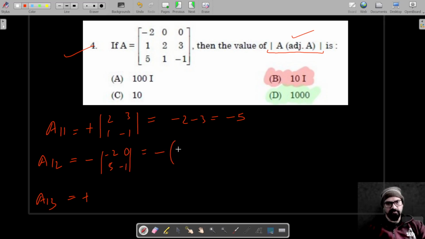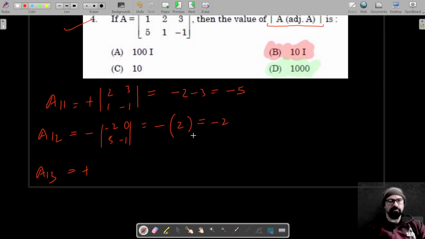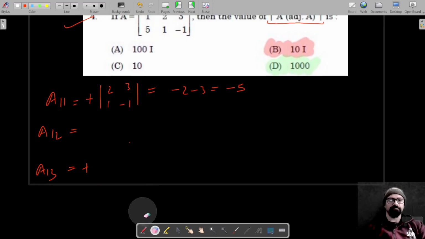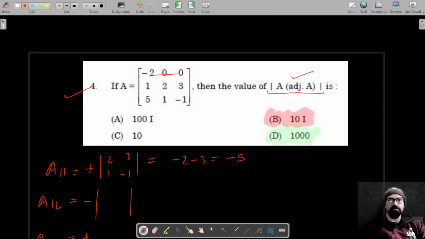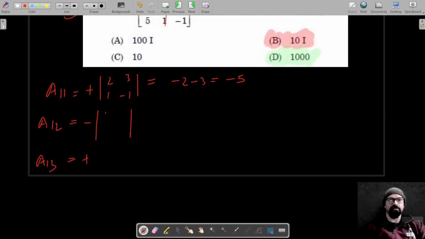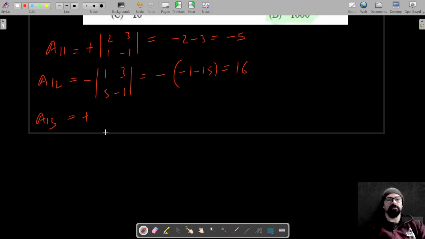Now the next one: remove the row and the column for that. This one gives 1 3, 5 negative 1, so this is equal to negative of negative 1 minus 15, which is equal to 16.